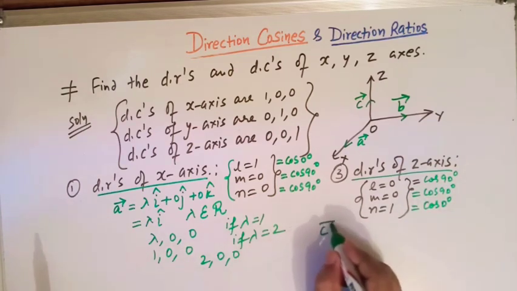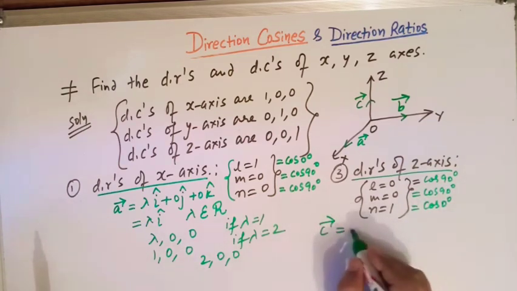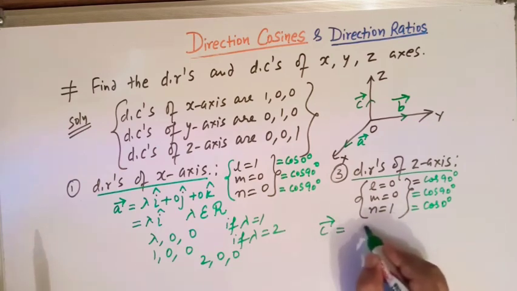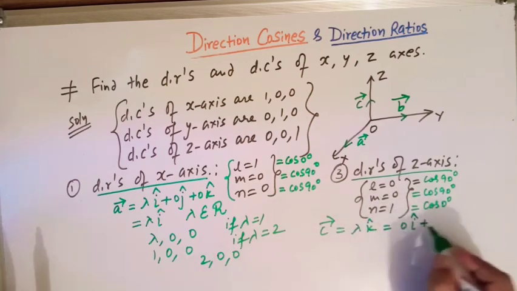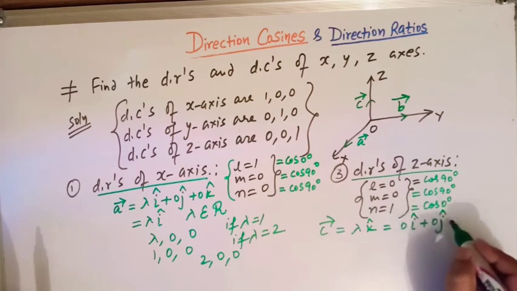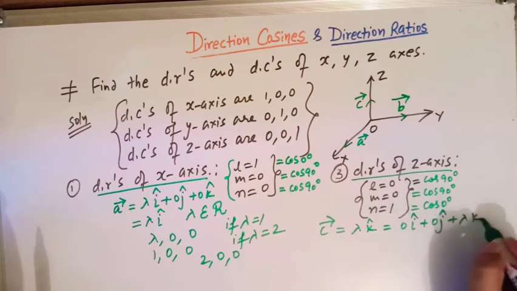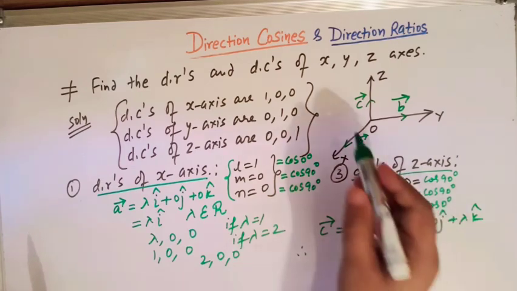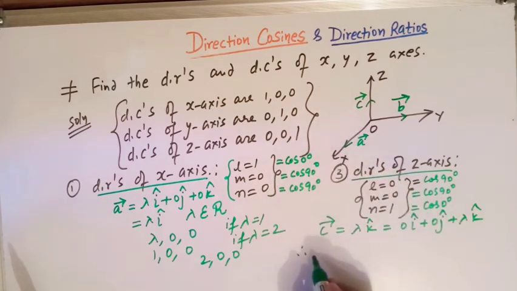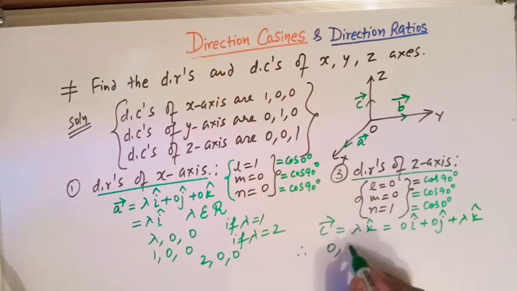Now this vector c can be represented as lambda k cap, and this can be written as 0 i cap, then we have 0 j cap, and then we have lambda k cap. So therefore the DRs of z-axis are 0, 0 and lambda.